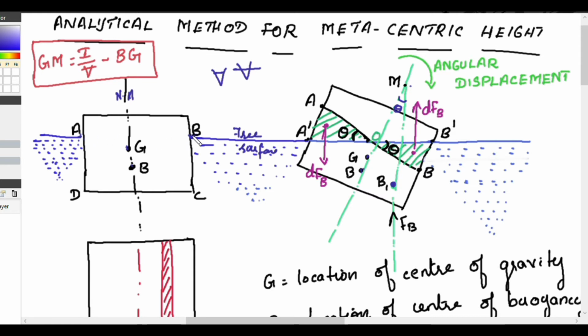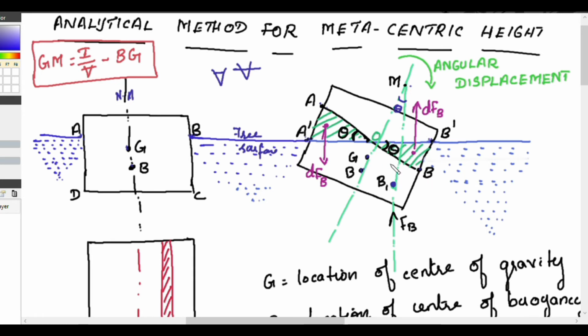Because of the angular displacement, because of the tilt, A goes up above the free water surface and B comes down below the free water surface. The corresponding points on the water surface after the body is tilted are taken as A dash and B dash.